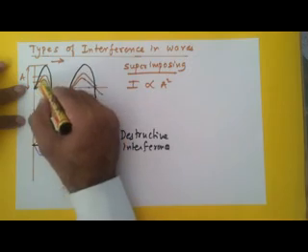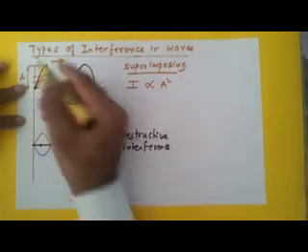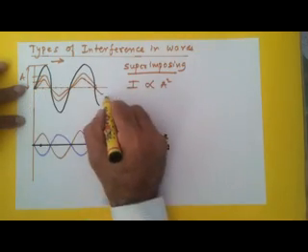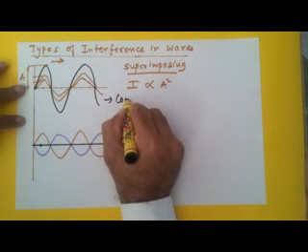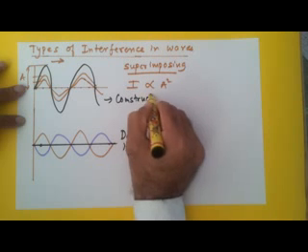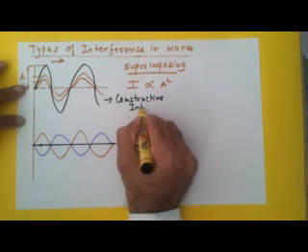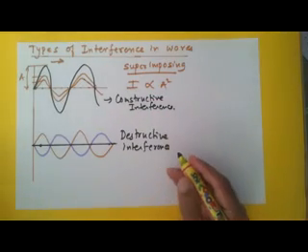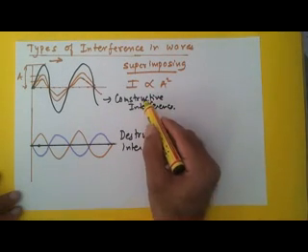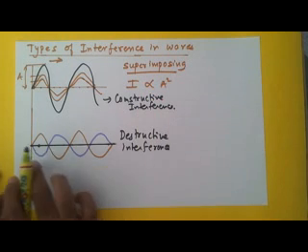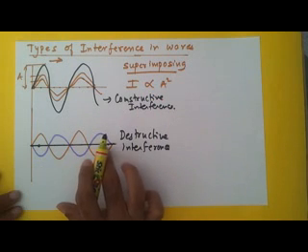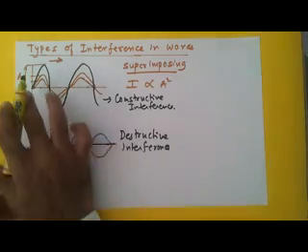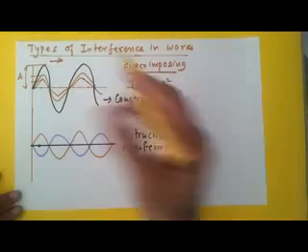The net resultant is more than the individual displacement or individual amplitude, and therefore we call this constructive interference. That's what I wanted to do in this video: introduce you to the terms constructive and destructive interference. The net resultant amplitude over here is nearly zero, whereas here we have the amplitudes adding up.